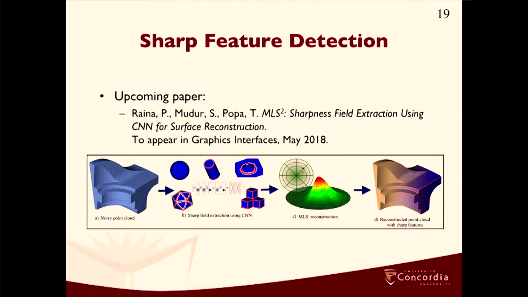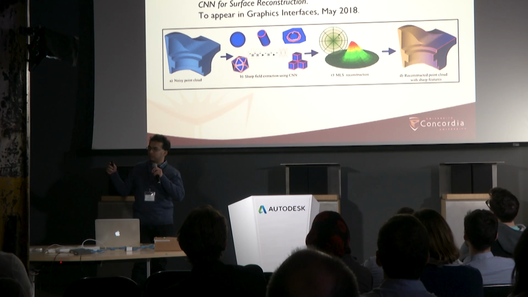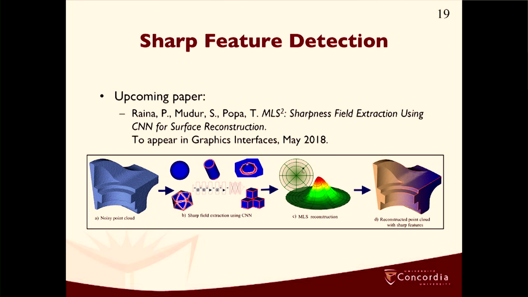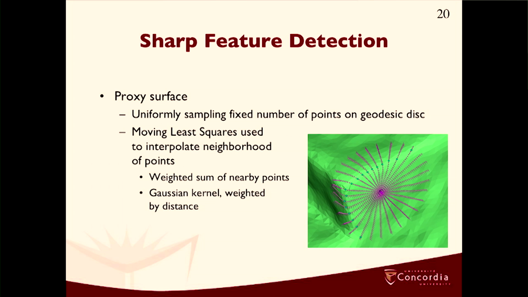So this is our lab's upcoming paper, where we not only use neural networks to detect sharp features, but we also apply it to feature-aware smoothing of a point cloud. The idea behind this is we define something called a proxy surface.